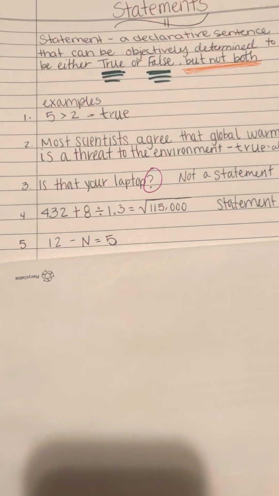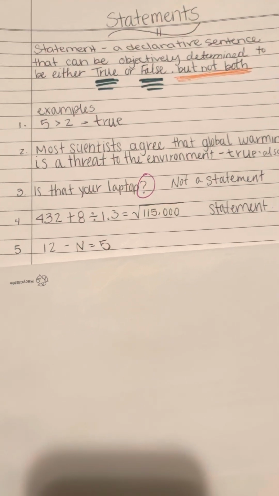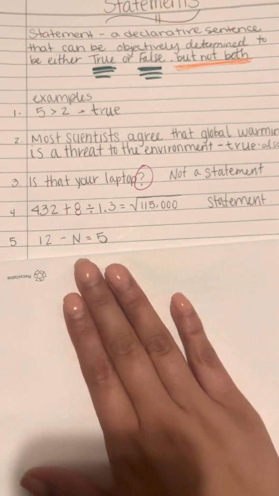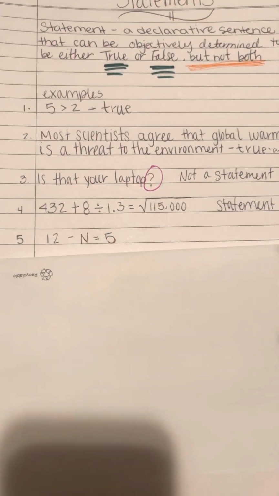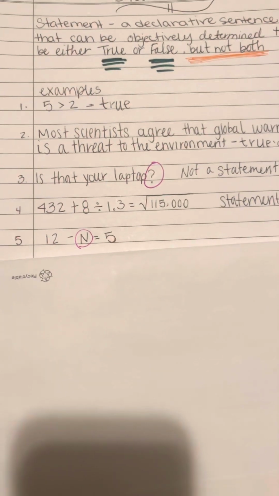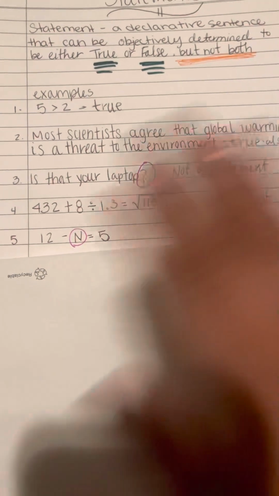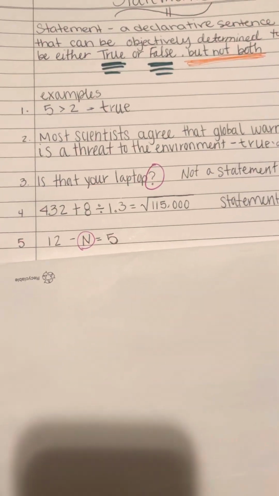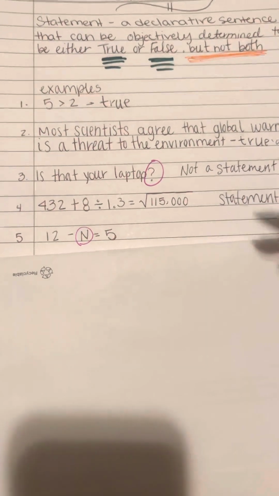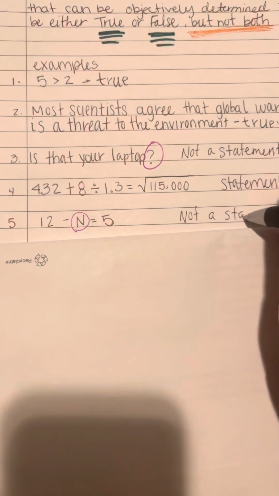We should just be able to flat out say yes or no to a statement. Here we're going to have to say no, because of the expression of n, the unknown number. We don't know that this is truly 5. So, not a statement.